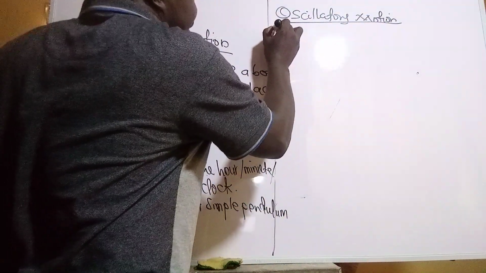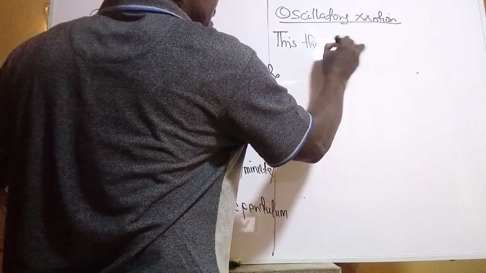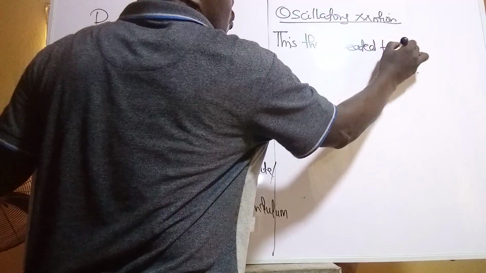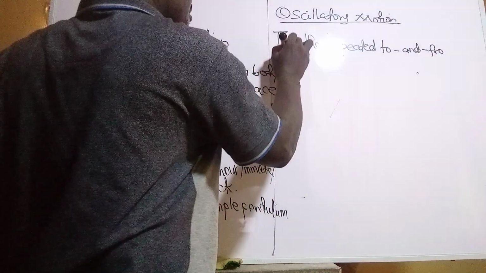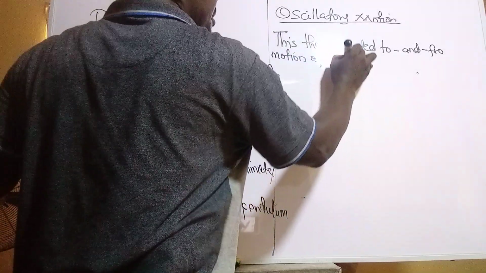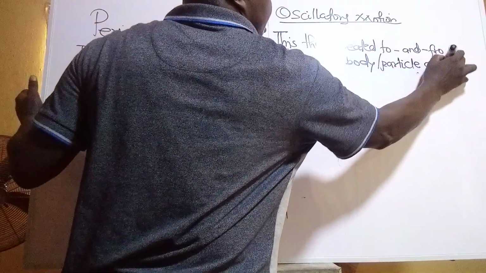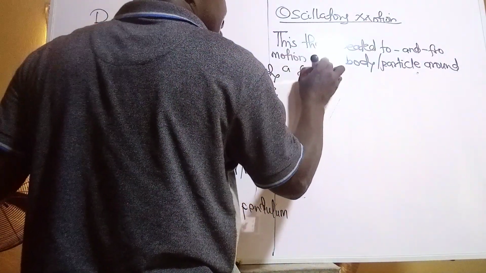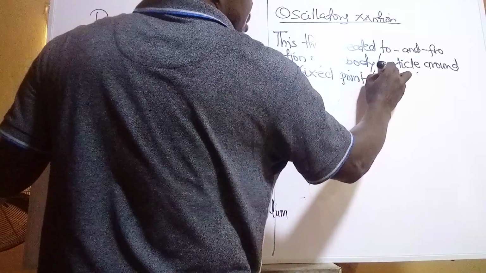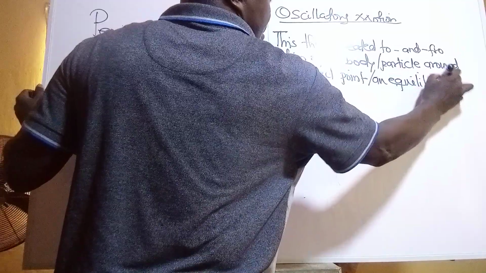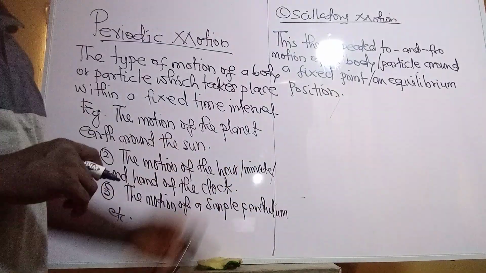So this is the repeated to and fro motion of a body or a particle around a fixed point or an equilibrium position is what we call oscillatory motion.